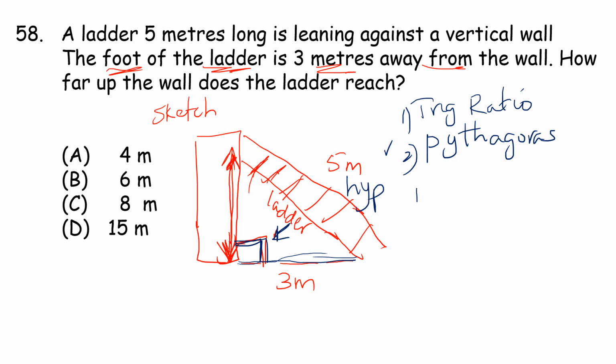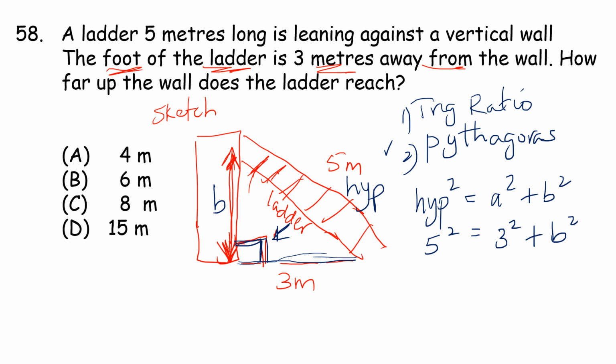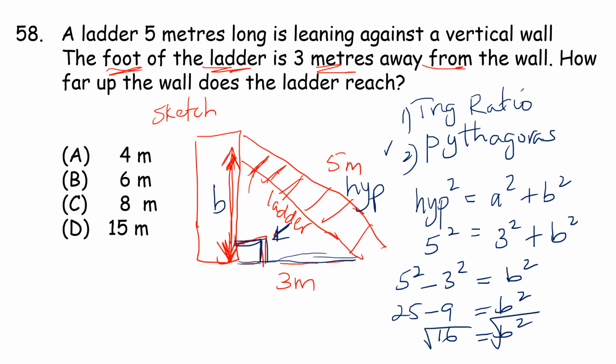That states the hypotenuse squared is equal to the sum of the squares of the other two sides. The hypotenuse is 5, so 5 squared equals 3 squared plus b squared. So 5 squared minus 3 squared equals b squared. That's 25 minus 9, which is 16. We square root both sides, so b equals 4. So the answer is A.